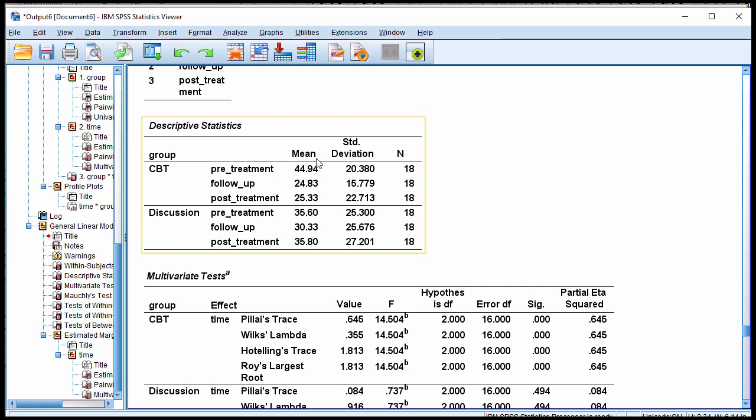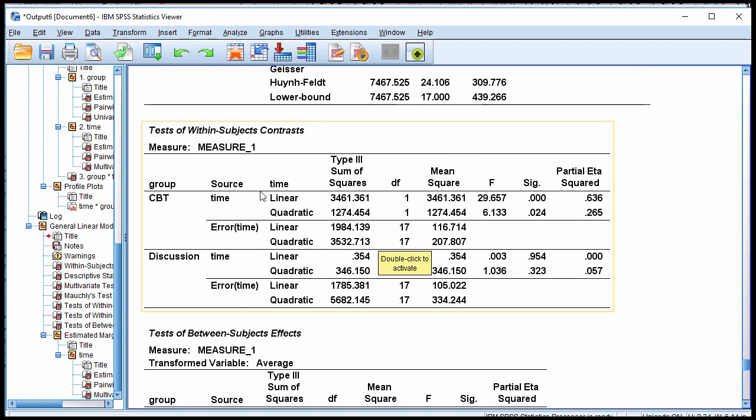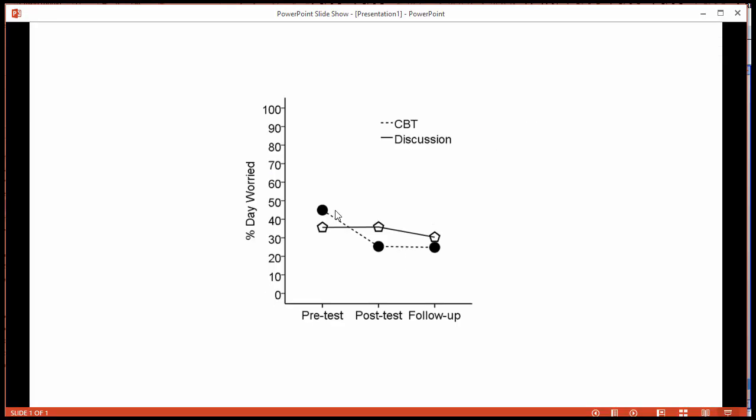I'd have to look at the post hoc test to see if they're all significantly different from each other, or I could do a trend analysis as well. Here's the test of within subjects contrast, and the linear time effect is observed to be statistically significant. The quadratic effect is also found to be significant, so there's one bend in the pattern of the means. So what it's finding is that it's a quadratic effect. So it's not purely linear, is it? There's a drop, and then it kind of stays flat.